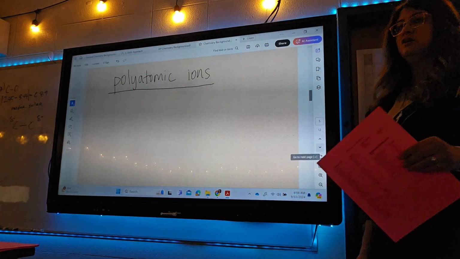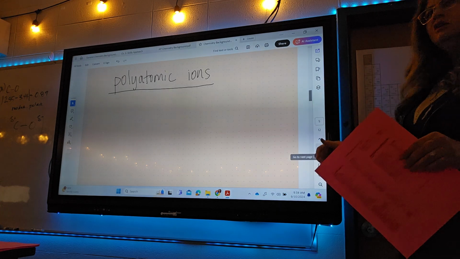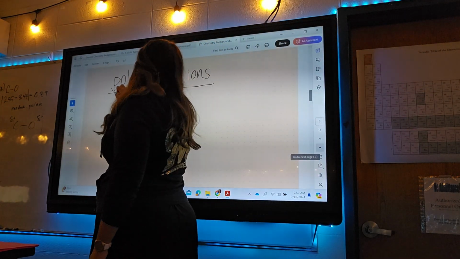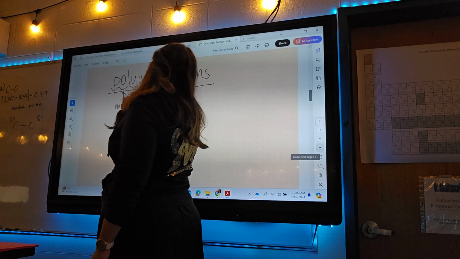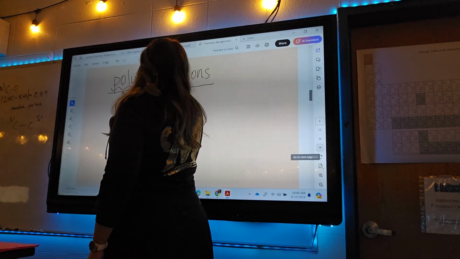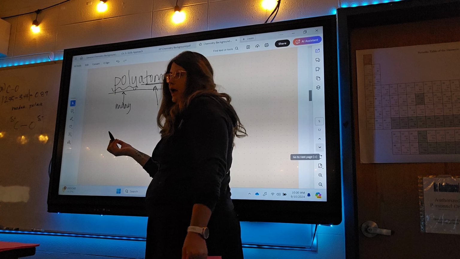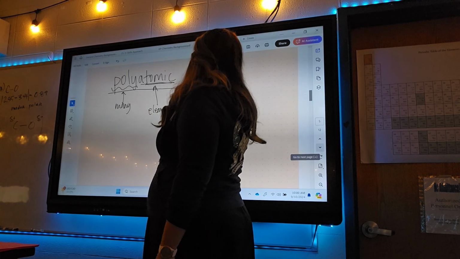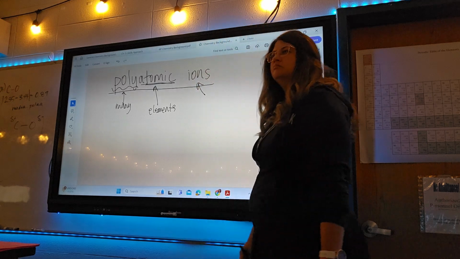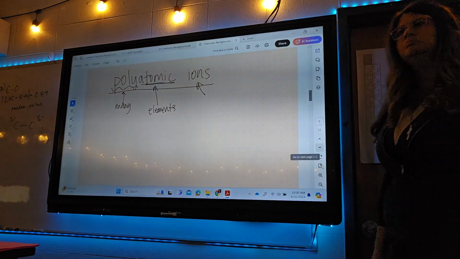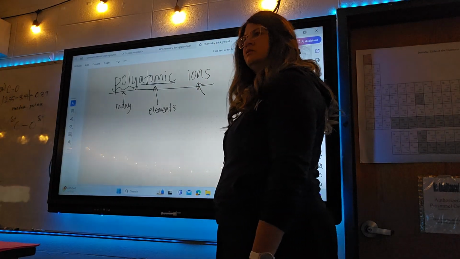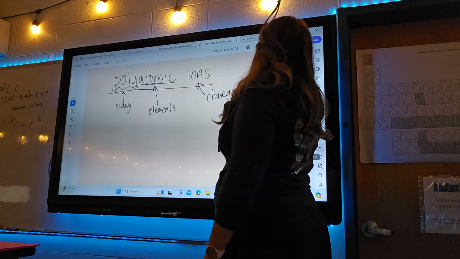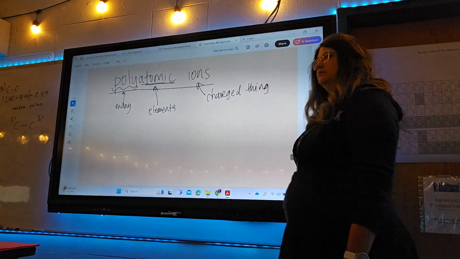Now, if you understand what word bits mean, this name makes sense. Poly is a prefix that means many. Atomic means atoms or elements, right? What is an ion? Elliot? Something with a charge. I'm just going to call it a charge thing.